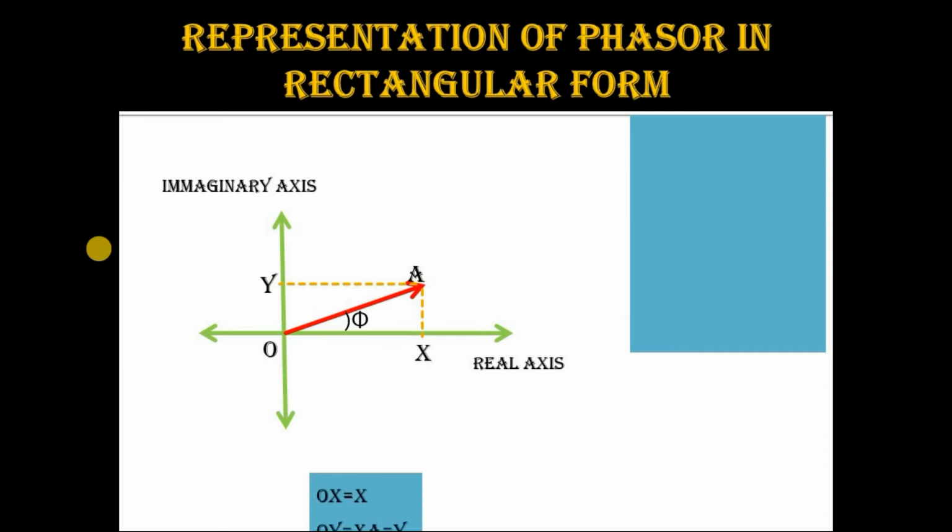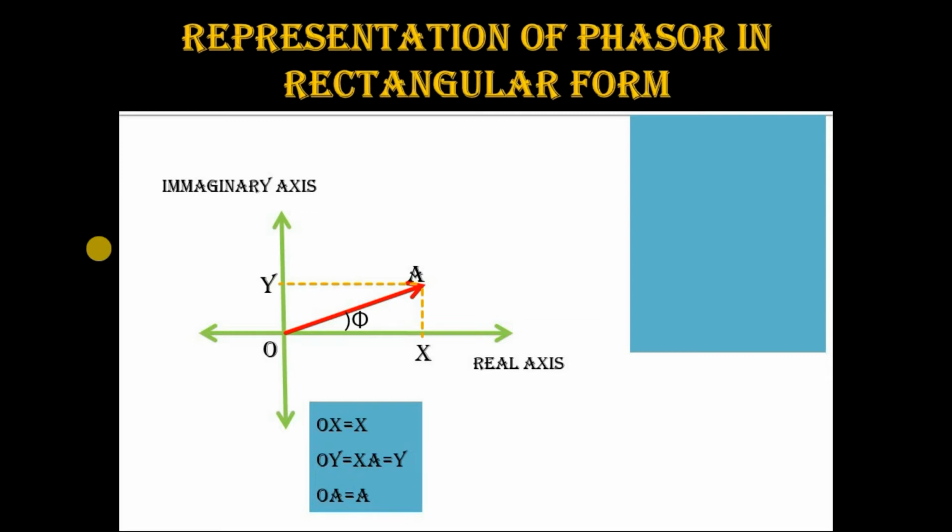Now this OX is denoted as X and OY is denoted as Y. This OY, equal to AX, is also Y. Then the magnitude OA equals A, that is the RMS value.